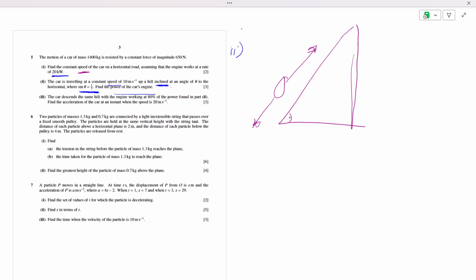If you really want a detailed video on how I resolve the weight component, as I did in the previous question, the weight component, which is mg, I resolve it to mg sine theta, and mg cos theta.